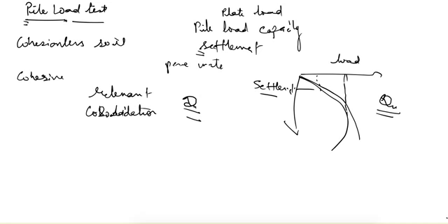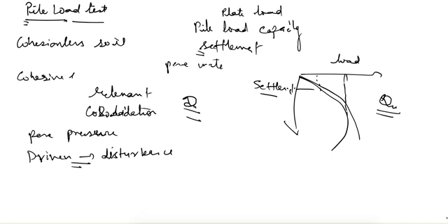We just have to be careful about the pore pressure and the disturbance when we drive or place the pile. The disturbance which will be caused should be considered, and depending upon that we should find out the ultimate pile load capacity in case of cohesive soil.